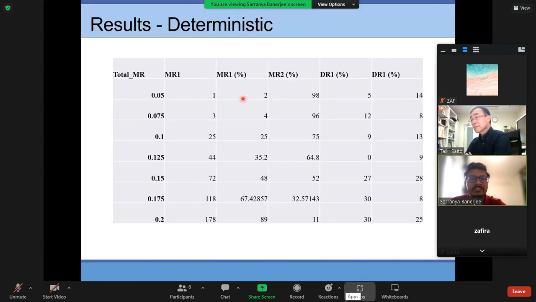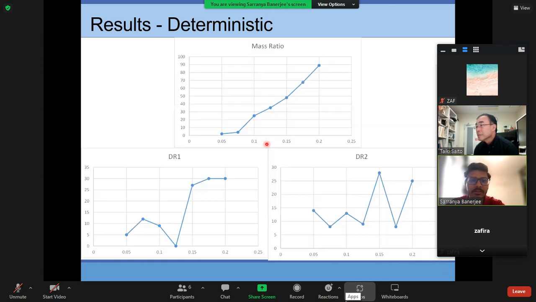So with this, for the deterministic case, I have got the results. I have varied the total mass ratio, the combined mass ratio of the TMDs, from 5% to 20%. And I have got different values for the mass ratio of the first TMD and second TMD. This is the graph showing the result.